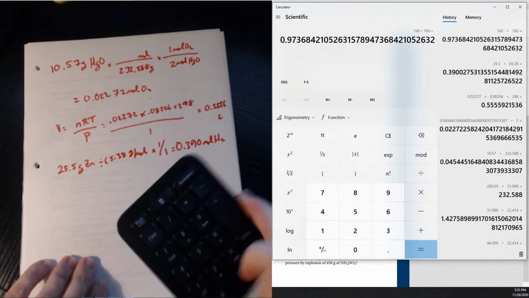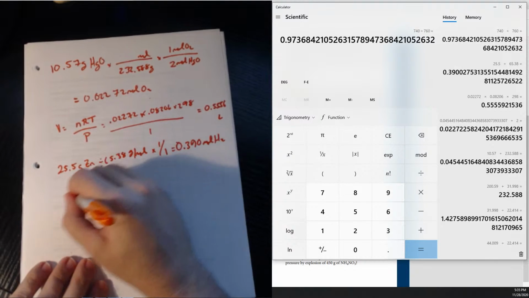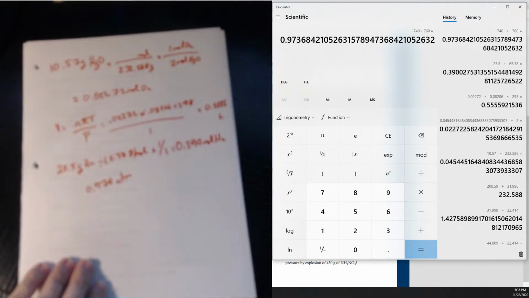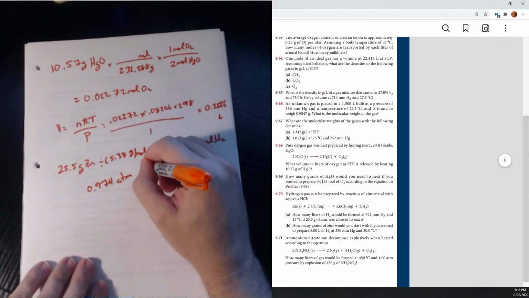I swear this must have a really bad connection. Given that my keyboard is further away than usual, that might actually be the case. Okay. So we're looking at 0.974 atmospheres. And 15 degrees Celsius is going to be 288 Kelvin.